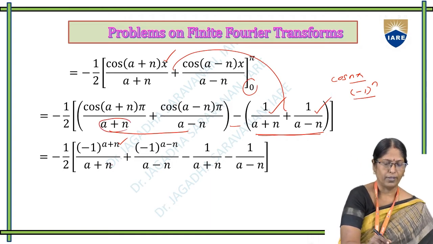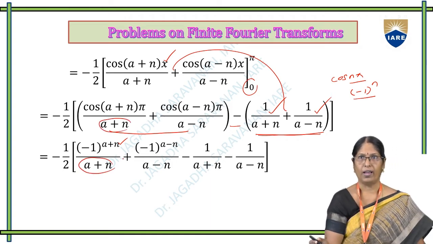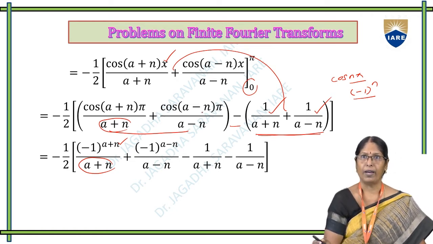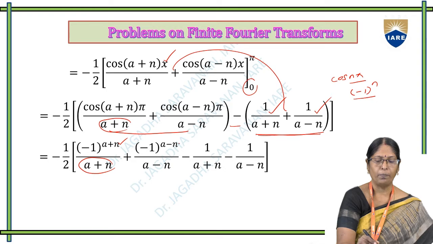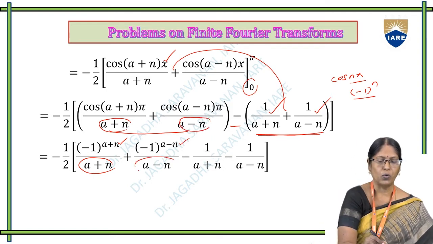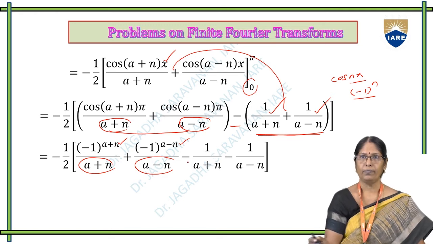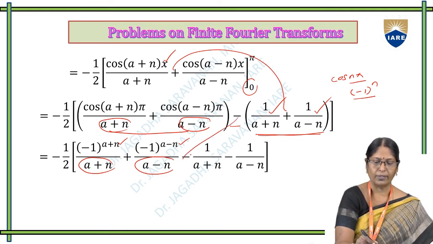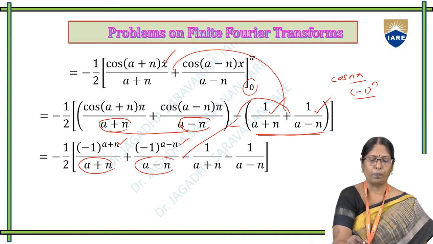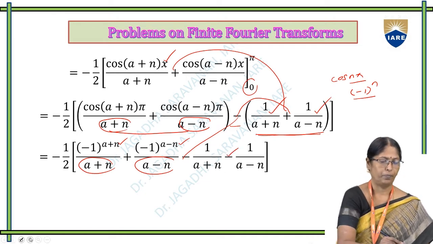The denominator has no change at all. Here cos of a minus n pi is minus 1 power a minus n. The denominator again has no change. This minus sign is as it is, and here we are taking the minus inside, minus into plus, minus.